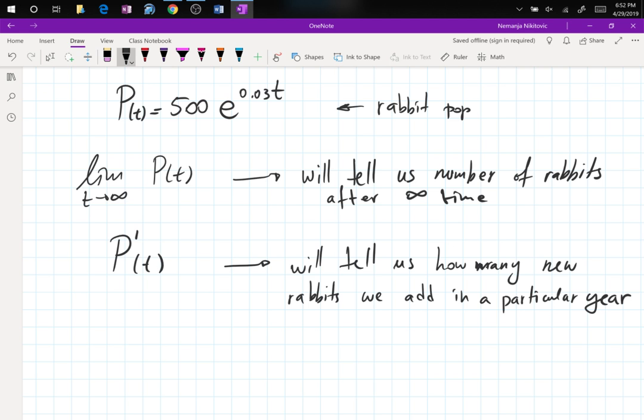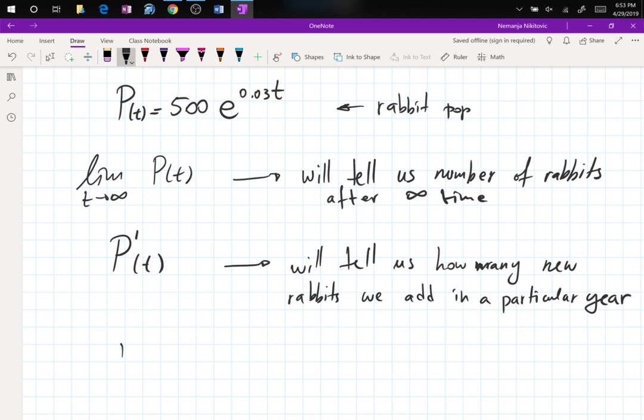And then you find the derivative of the population. It's just a simple exponential function. You find the derivative and you plug in a year, any year you want. It will tell you how many more rabbits were added in that particular year.